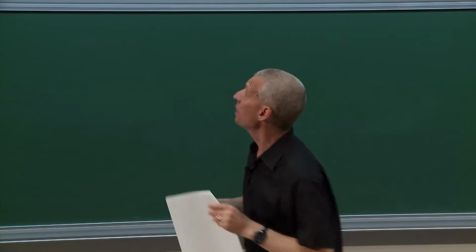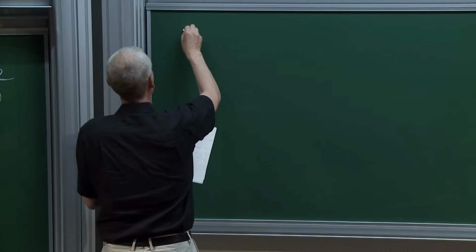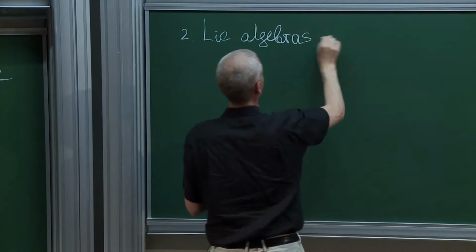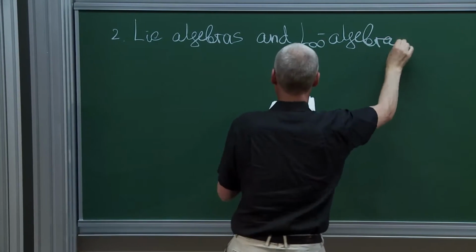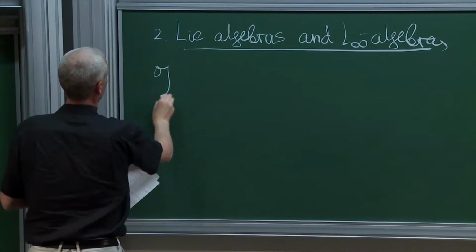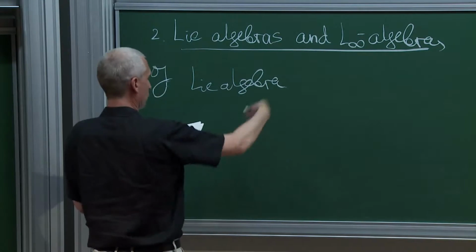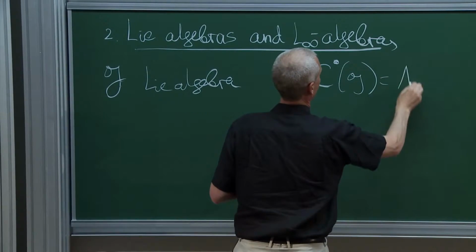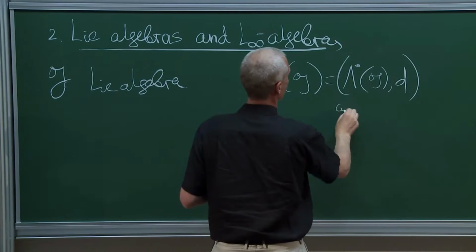So now let me do an equally elementary reminder about Lie algebras and L-infinity algebras. If we have a Lie algebra G, then to this we associate its cochain complex, which is the exterior algebra of G with the differential, a commutative DG algebra.